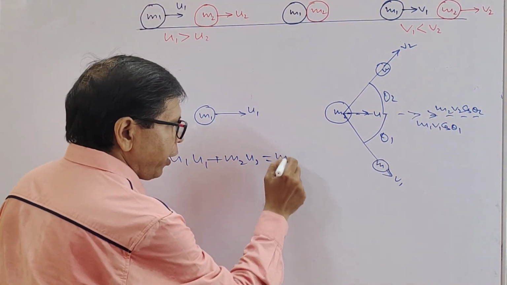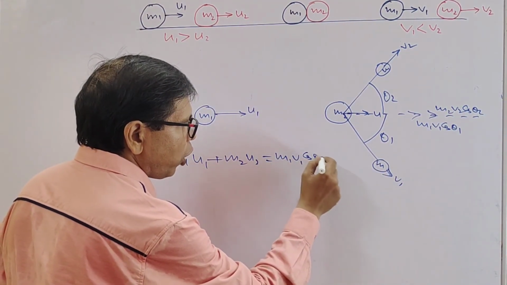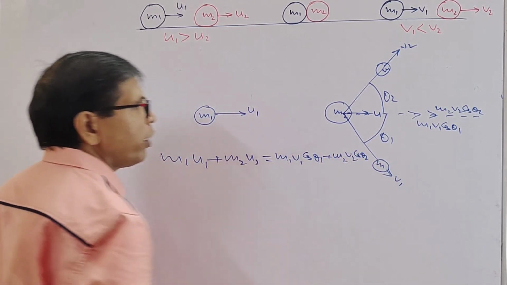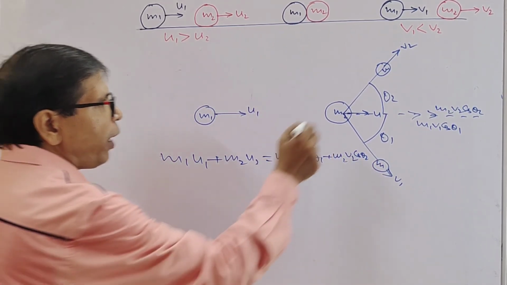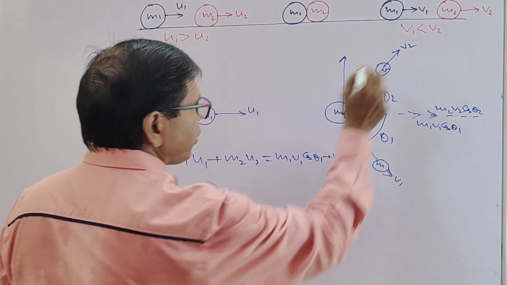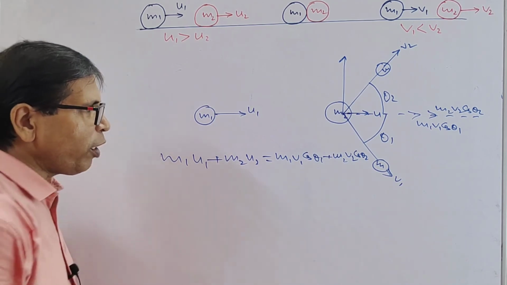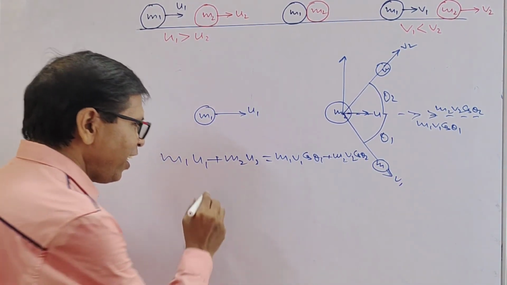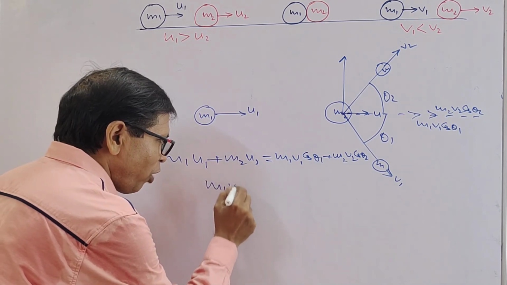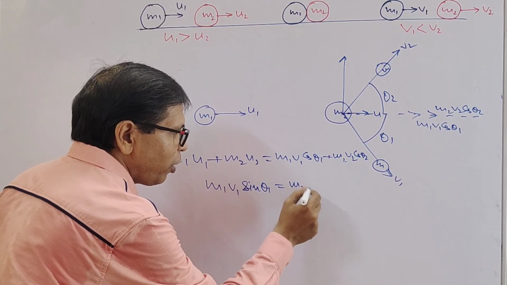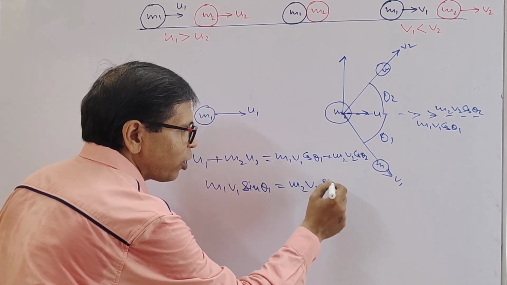So here m1v1 cos theta 1 plus m2v2 cos theta 2. Again in the normal direction, m1v1 sin theta 1 equals m2v2 sin theta 2.